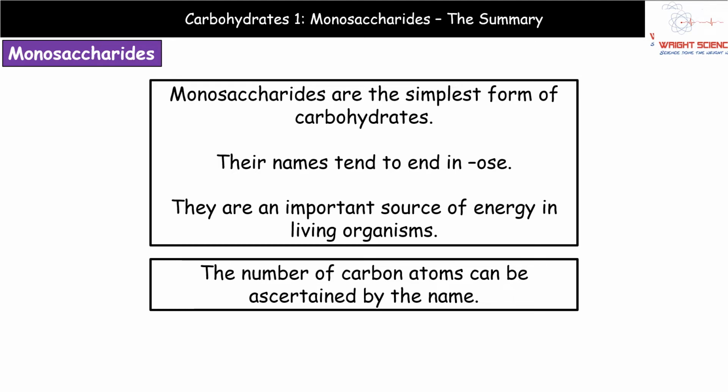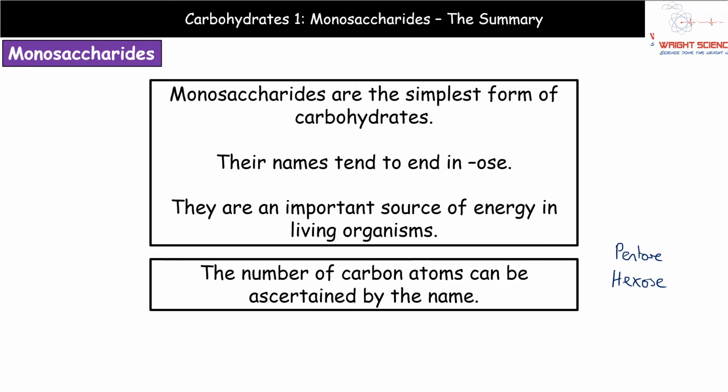The last thing to look at on this slide is just how we can work out the number of carbon atoms that are present. This is just going back to one of those basic principles of naming. There are two that we have to look at here: hexose and pentose. Those are the two we mentioned in the specification at the beginning.